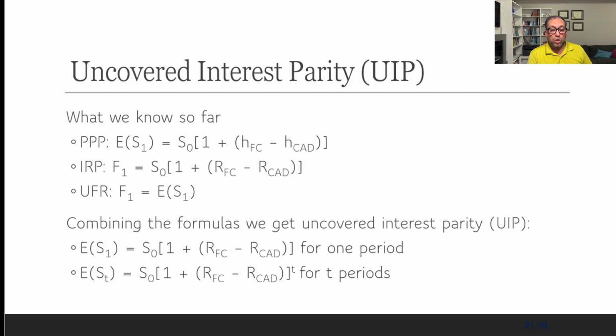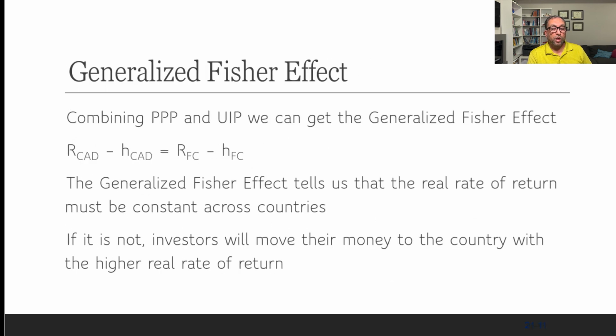So combining the formulas, we get uncovered parity, which is given for 1 period and for T periods, like the rate of interest rate change. And combining PPP and UIP, we get the generalized Fisher formula, that the change in the interest rate minus the Canadian rate, which is the real interest rate.